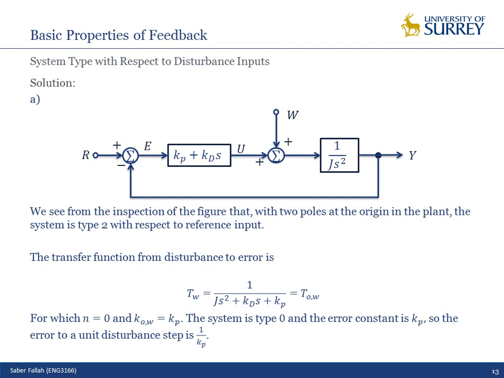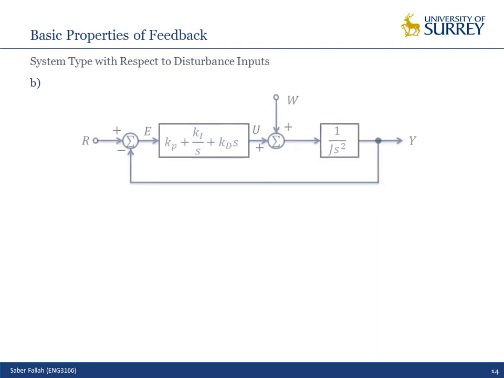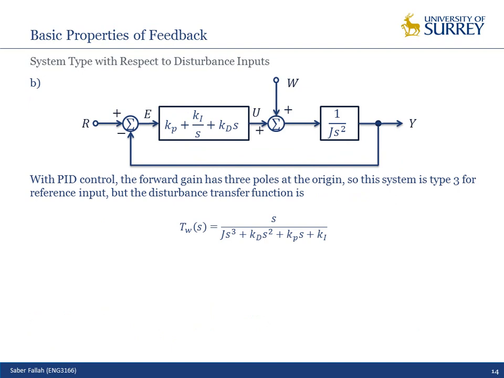If I use the PID controller, I can increase the type of the system by one. I have system type 1, which means for the step input, the steady state error is 0, which is perfect, what I'm looking for. For the ramp input, I have a non-zero constant. Is it acceptable? But for the higher order input, the steady state error is infinite, which means the controller is useless.